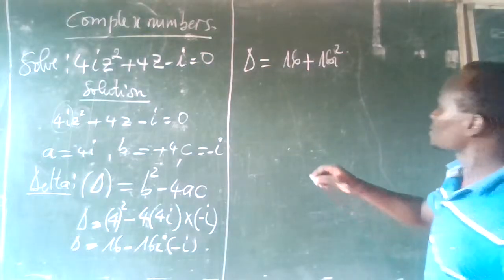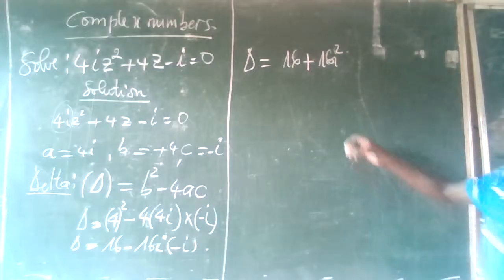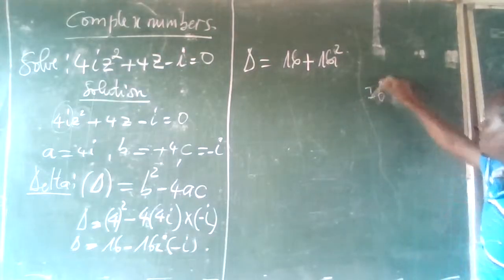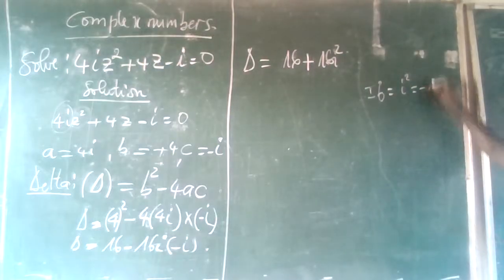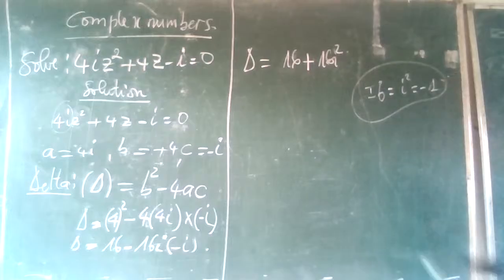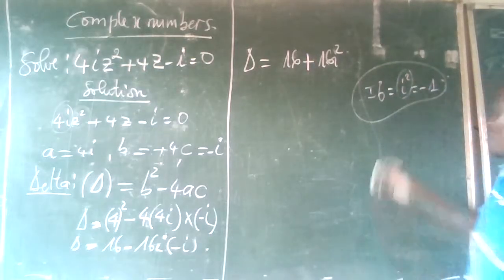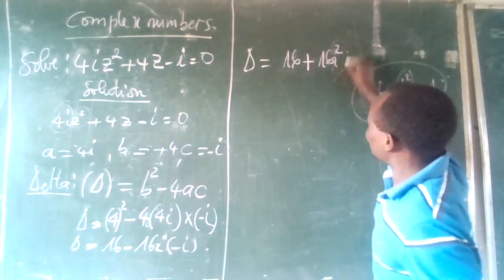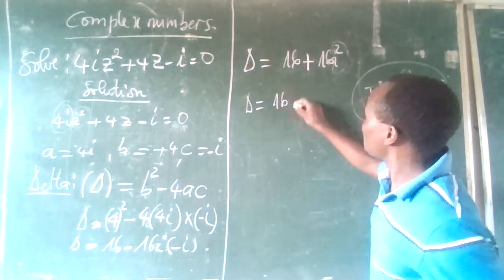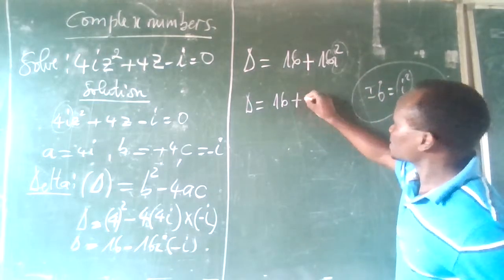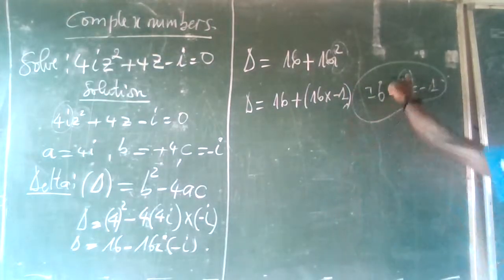Now, please, in complex numbers we have to remember that i squared should be equal to minus 1. It means that always i squared is equal to minus 1. Now let us apply this: delta will be 1 plus 16 times minus 1 as the value of i squared.